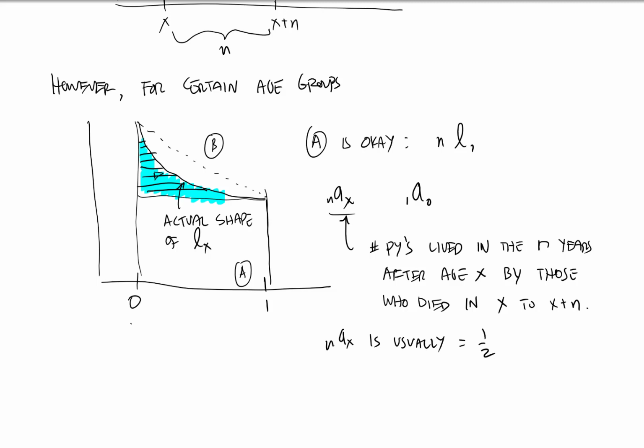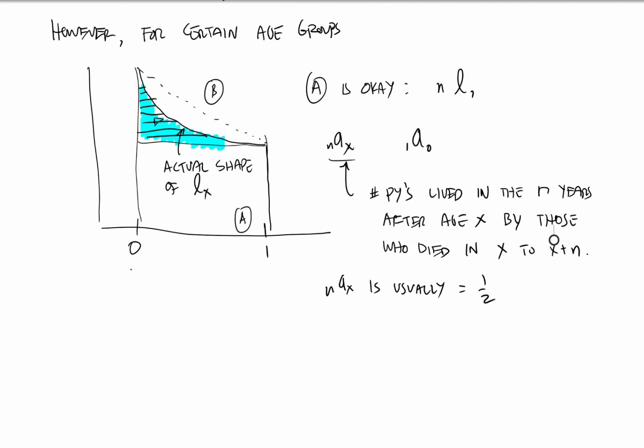It's almost linear. For intervals where the L of x is very curved, such as from age 0 to 1, then nAx is not equal to n over 2.